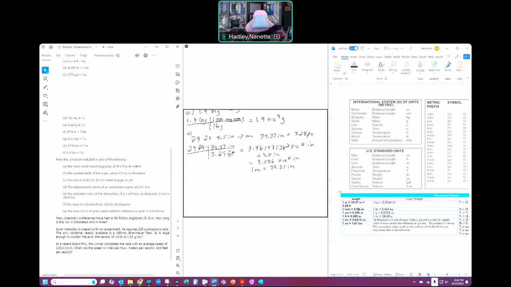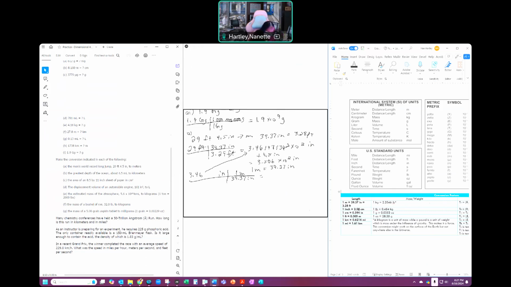So now that I have this lovely number, 3.46, I'm just going to point back to that. And that's inches. And then 39.37 inches in 1 meter.